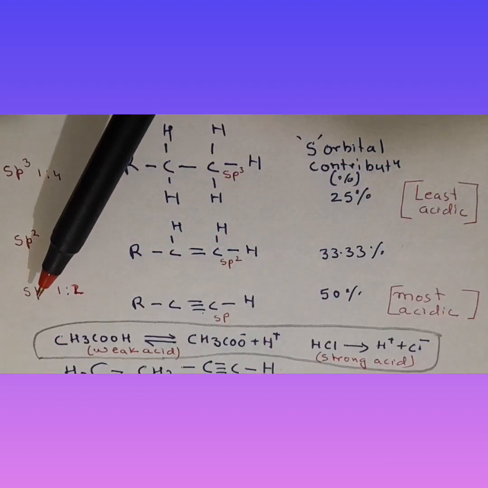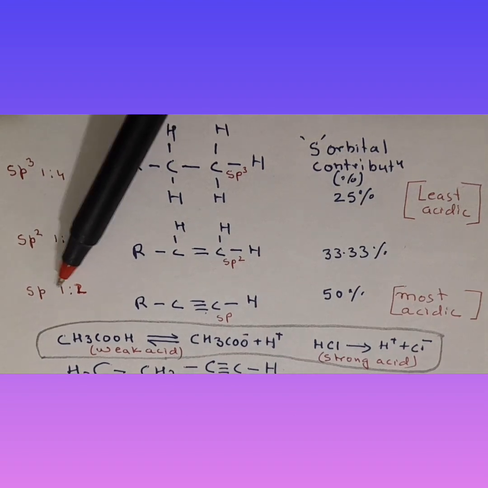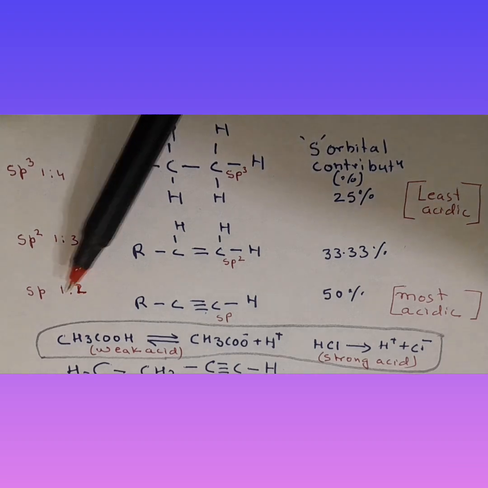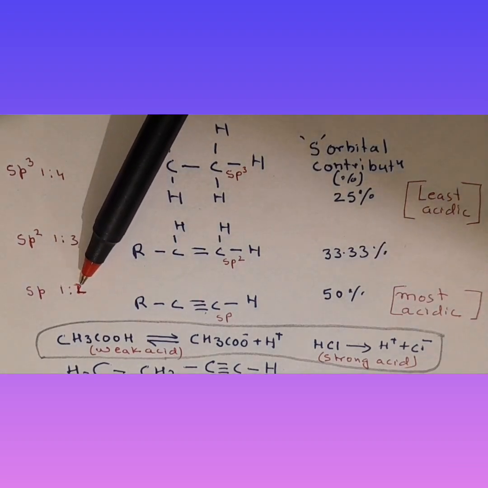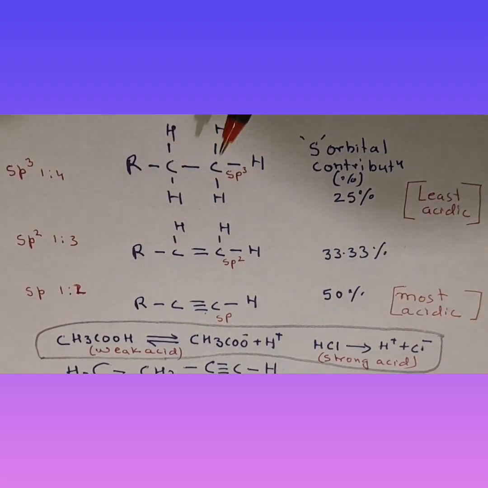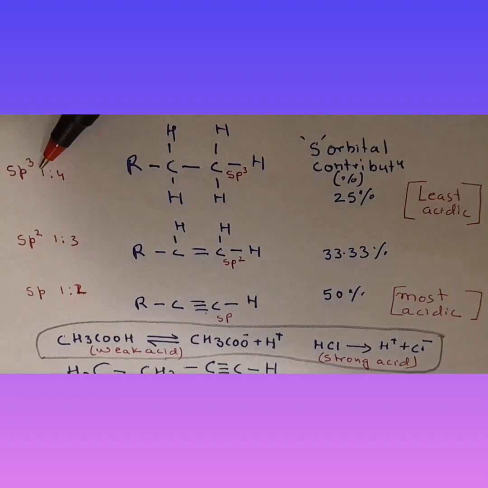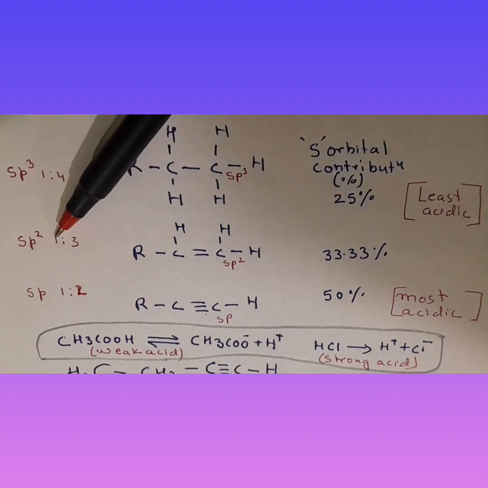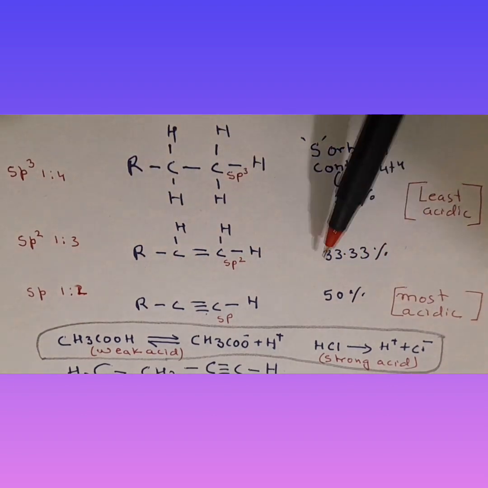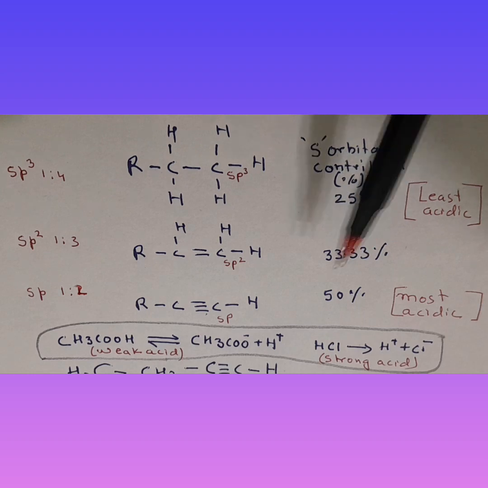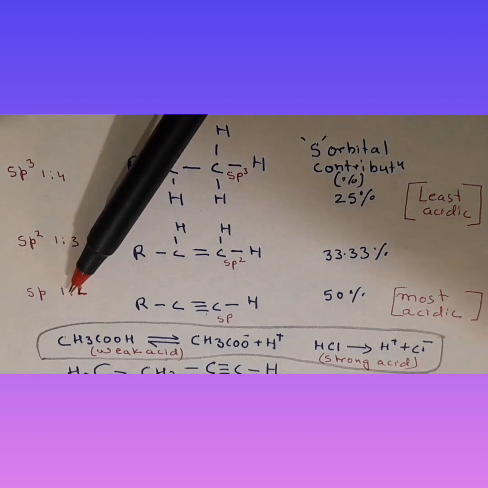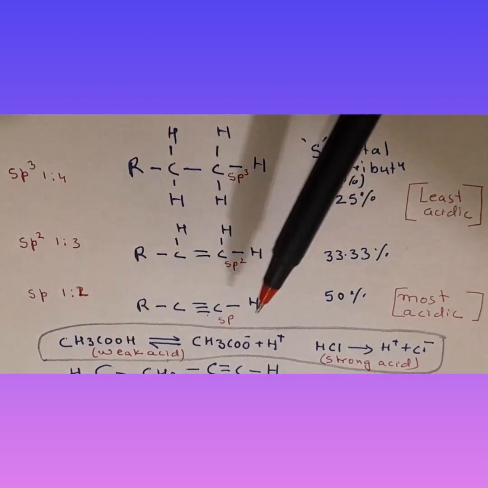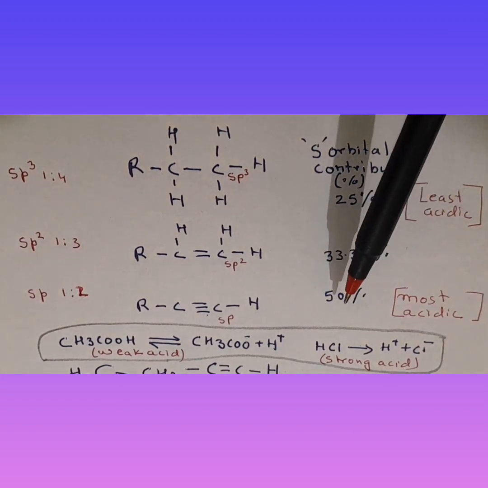Similarly, in case of sp hybridization, it is 1:2. If we calculate percentage, as per 1:4 the percentage of S would be 25%, for 1:3 the percentage would be 33.33%, and for 1:2 the percentage would be 50%.